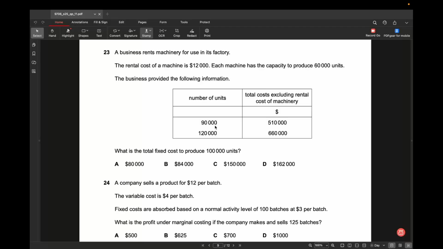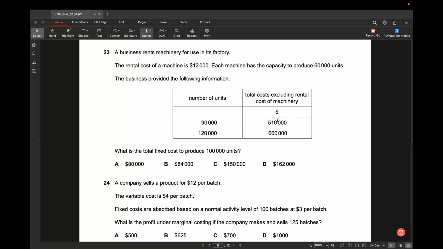Okay, so let's analyze this one. We are producing 90,000 units and we paid 510,000, and this 510,000 includes both fixed cost and variable cost, but it does not include the machine rent, which is also another fixed cost.